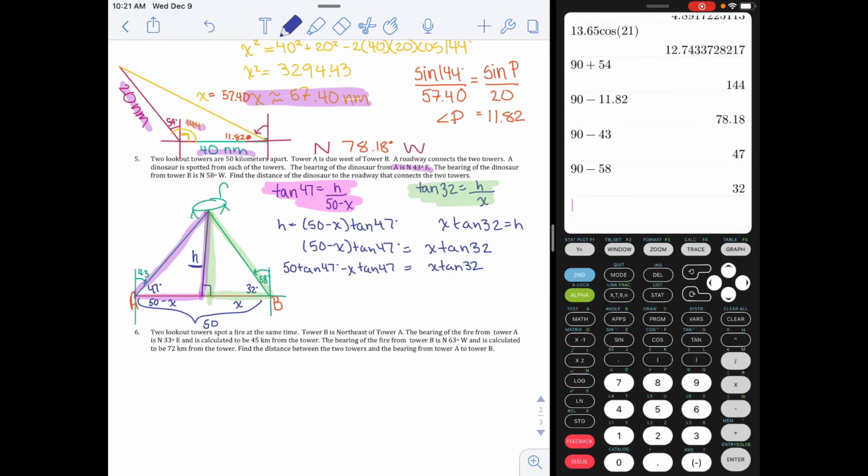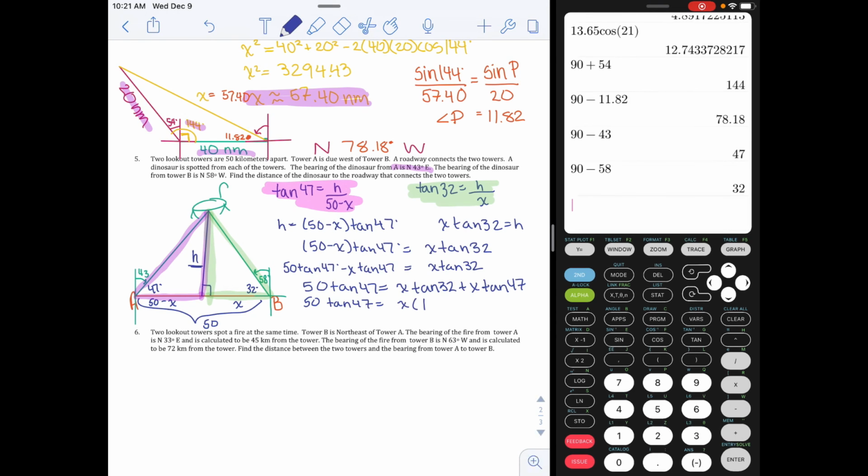Get the x's to one side, so I'm going to add the other one over, so I get 50 tan of 47 is equal to x tan 32 plus x tan 47. At this point, let's take out the x, factoring it out.